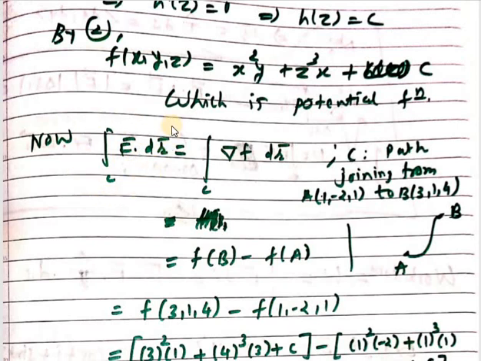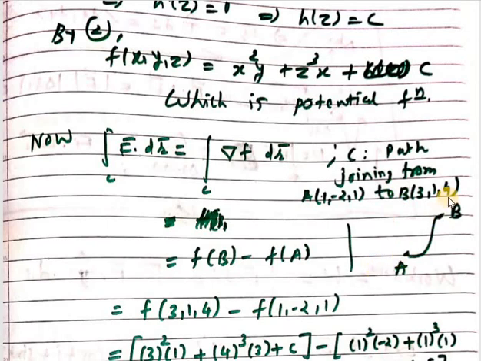This is the given line integral, and as we have observed, F is the gradient, or we can say conservative, so we have the line integral of grad f dot dr, which is f of b minus f of a. Here curve C is nothing but a path joining a to b.